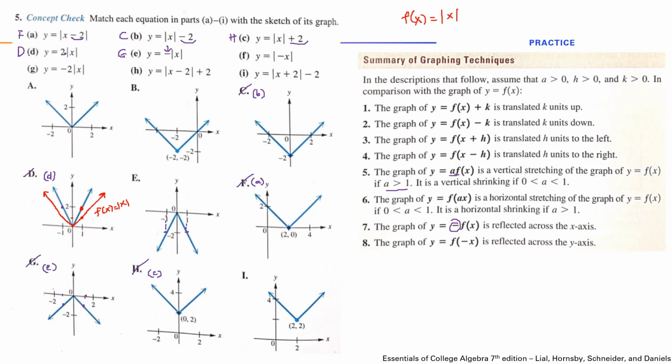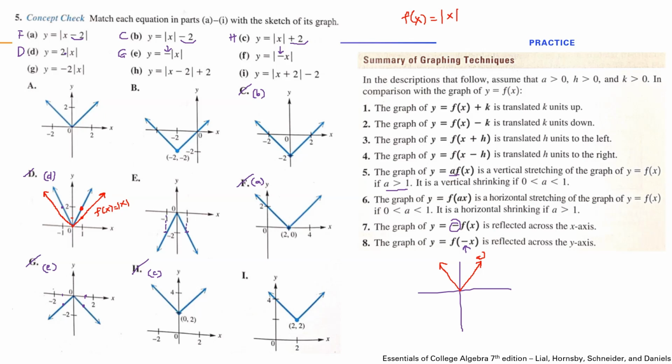Because right here is absolute value of x, that is the original or the parent function. For F, that negative inside is reflected across the y-axis. But remember, we have the V on both sides, so even if you flip it, it could be the same shape.